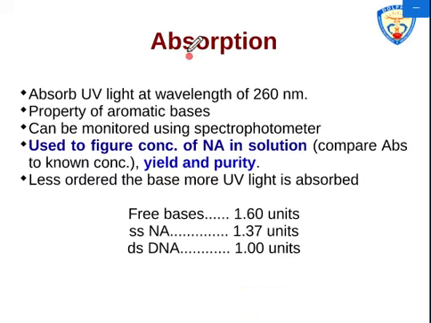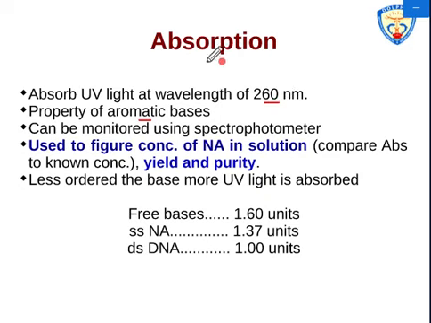So the first property that we are discussing here is absorption. This property is given by the aromatic bases, the nitrogenous bases, which are one of the components of the nucleic acid molecules. These aromatic bases absorb ultraviolet light at a wavelength of 260 nanometers.